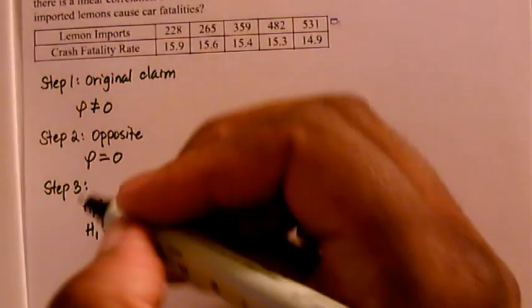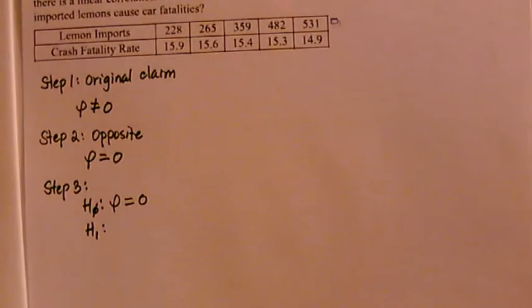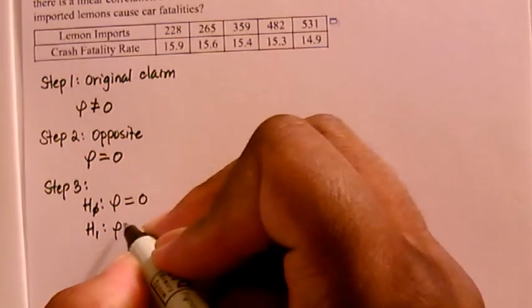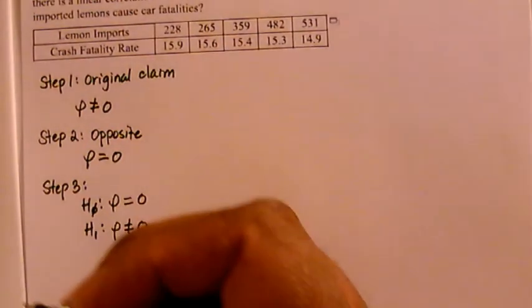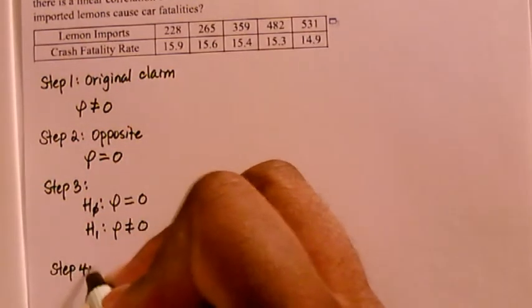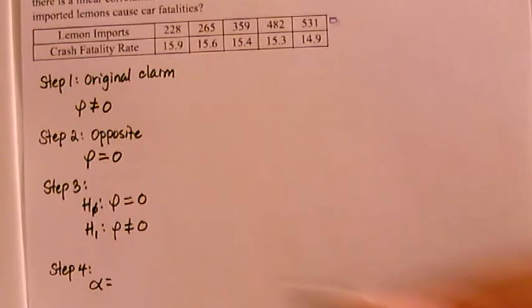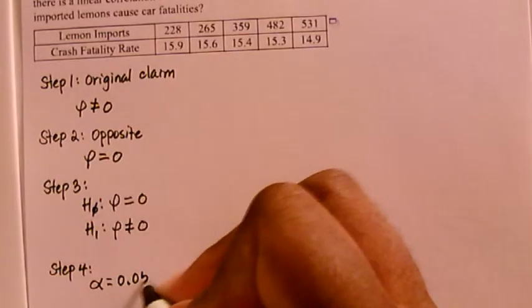In this case here, the null is the one that has your equal sign in it, rho is equal to 0, and the alternative would be rho is not equal to 0. Then step number 4 is our alpha level, or level of significance, which is in this case 0.05.